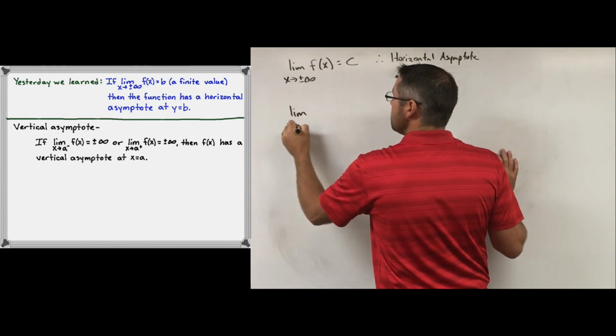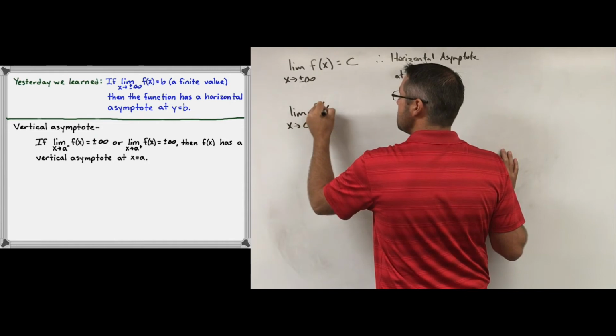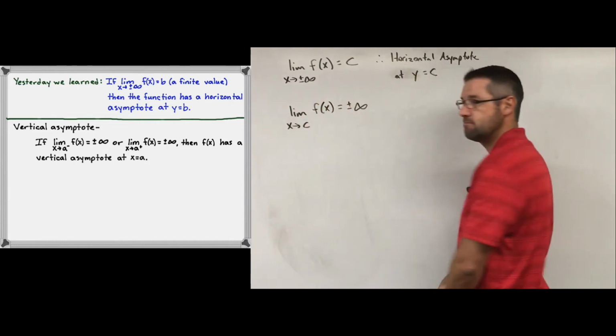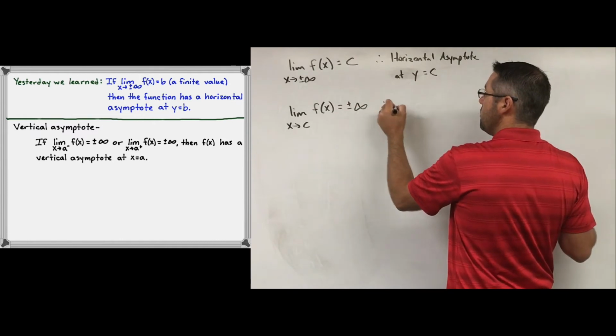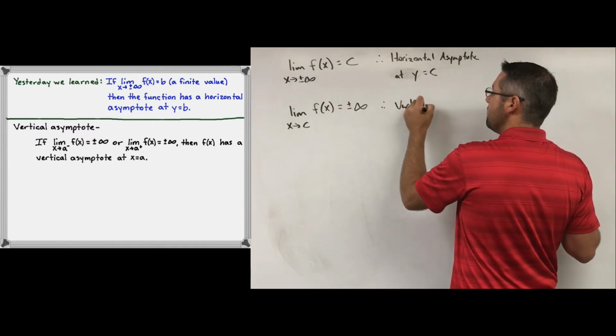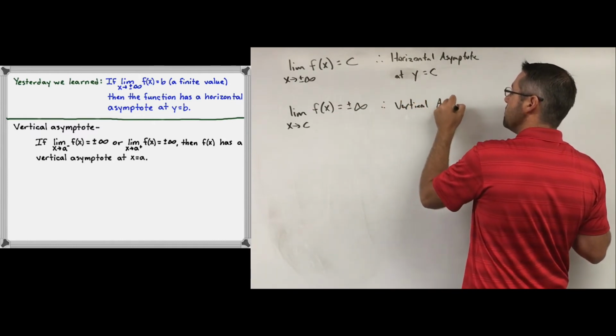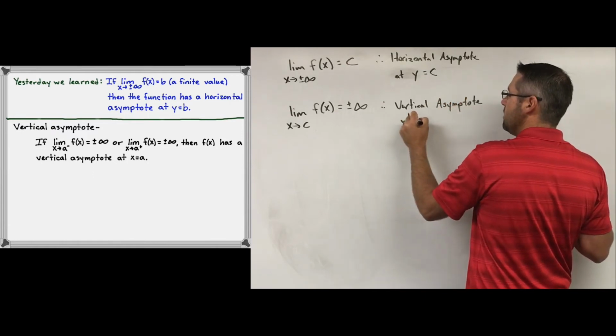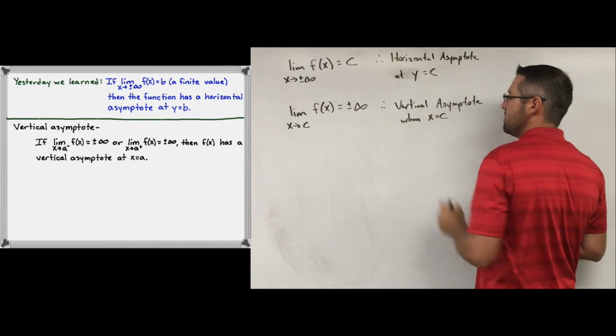The limit as x approaches a constant is equal to plus or minus infinity, then we get a vertical asymptote when x equals whatever the c value is.